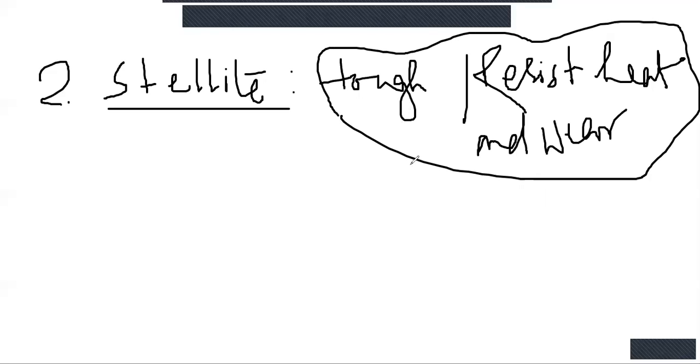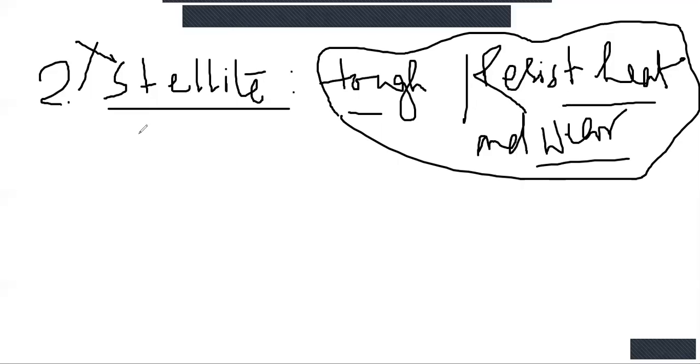Nowadays it is almost obsolete. It is not used in our manufacturing units because so many cutting tool materials have been developed which have high toughness, heat resistance, and wear resistance.